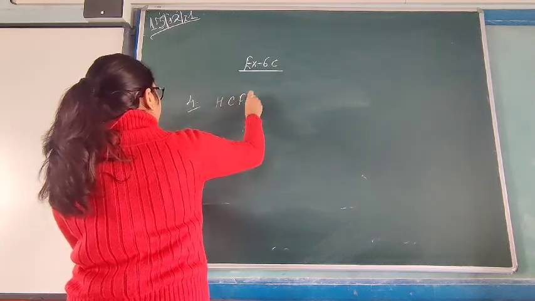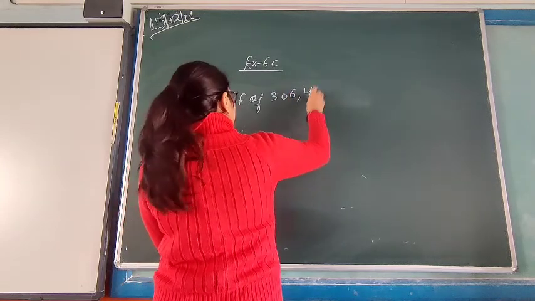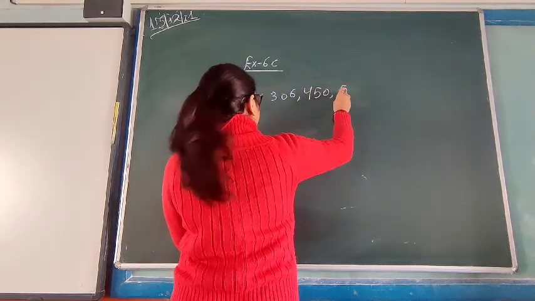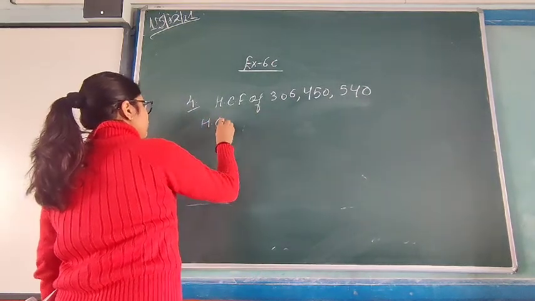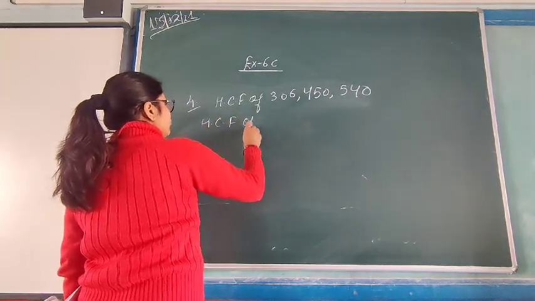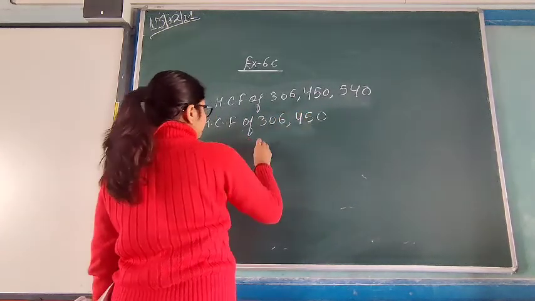Again you will take out HCF of 306, 450 and 540. So HCF of 306, 450. What we will do?